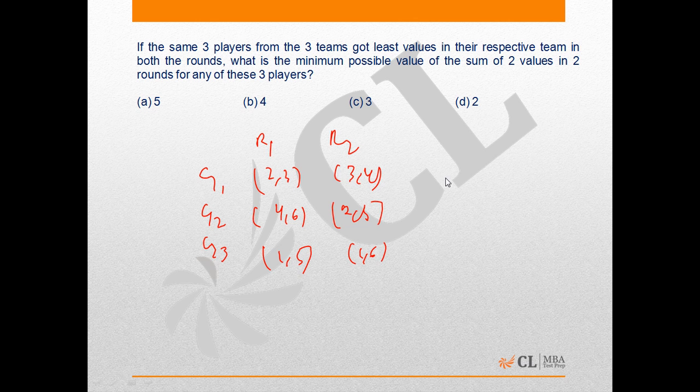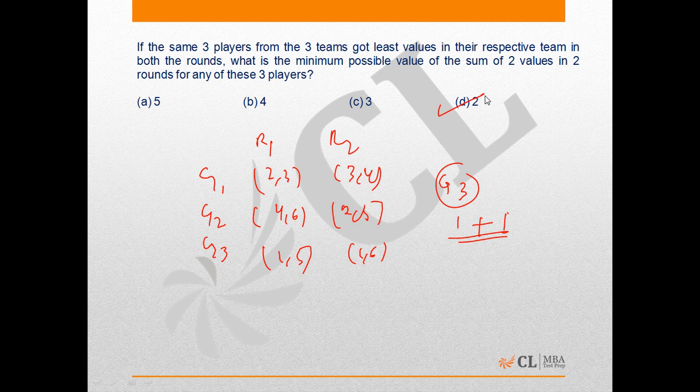And if we see the values obtained on the die for player G3, we see 1 and 1 in the two rounds.